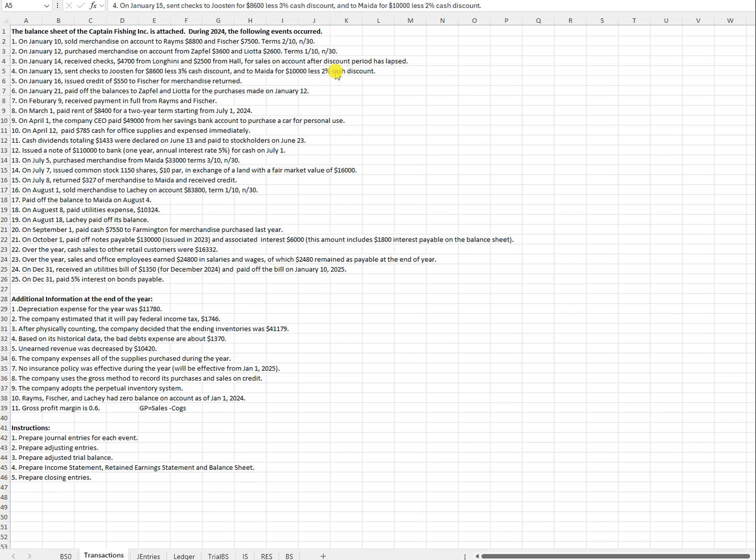So we are paying our accounts payable, and meanwhile we were given a cash discount for prompt payment. Let's calculate the discount: 3% of this amount and 2% of that amount, and the total discount equals $458 in this case.